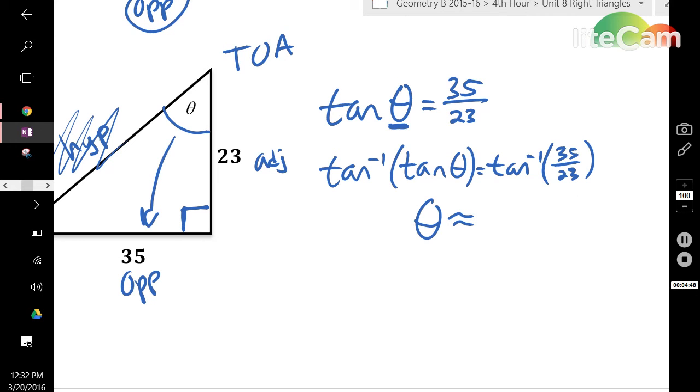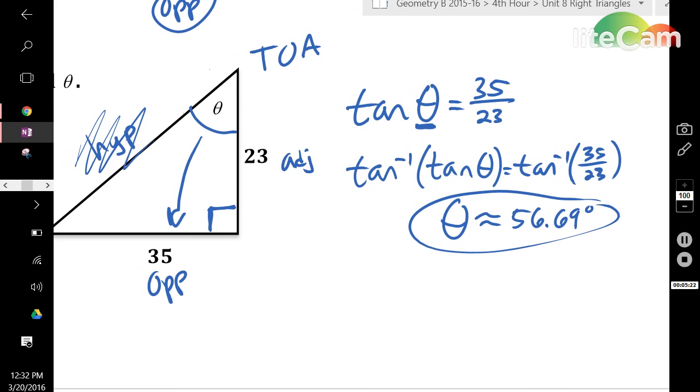And calculating inverse tangent, again, you're going to press the second button and type in the fraction inside the parentheses. So tangent inverse of 35 divided by 23 is going to be 56.69 degrees. Again, there's a one-step solving equation: inverse tangent on both sides to find your missing angle.